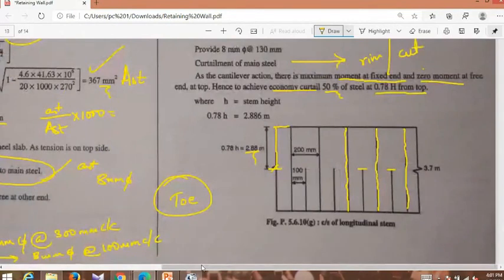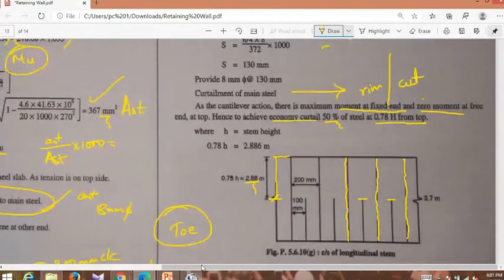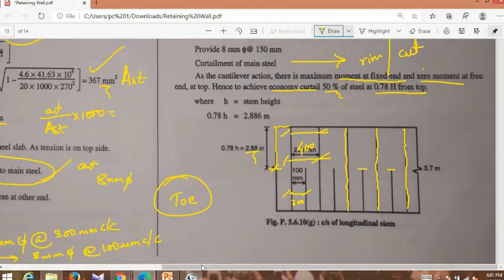Therefore, here it is a little bit wrong. This will be 200 mm, here to here it will be 200 mm, and this will be 400 mm. The distance between each bar is 200 mm, and the distance between the alternate bars will be double of it. This is how we will design.